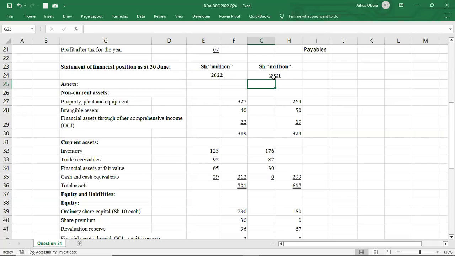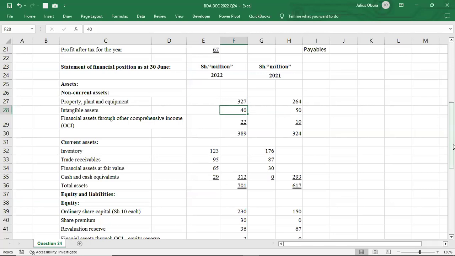So if we look at this, in 2021, we had 50. Then in 2022, 40. So that is an impairment of 10, because the value reduced from 50 to 40.